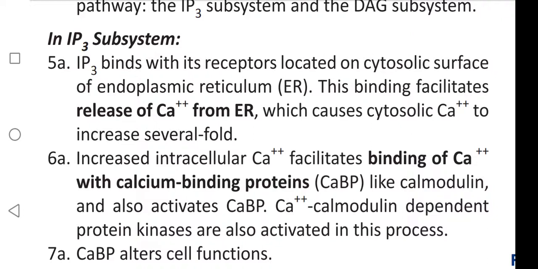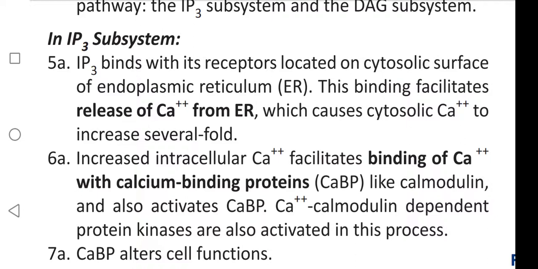First, the inositol triphosphate subsystem. Inositol triphosphate binds with the receptors located on the cytosolic surface of the endoplasmic reticulum. This binding facilitates release of calcium from the endoplasmic reticulum, which causes cytosolic calcium to increase several folds.